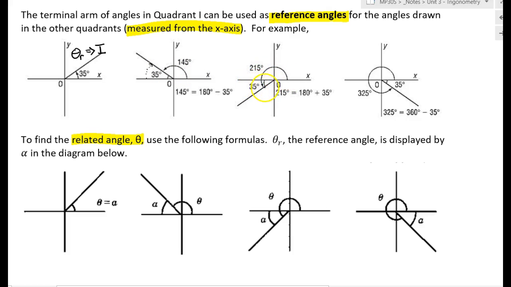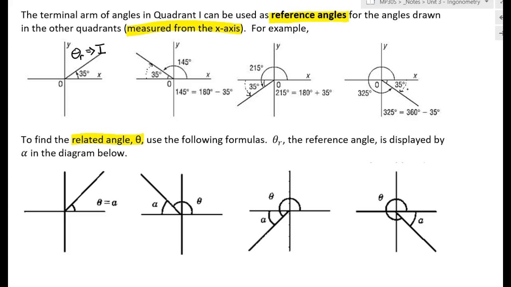215 is also going to be our regular angle, but our reference angle is measured from the x-axis. And finally, in quadrant 4, we see that still the same thing. 325 is our actual angle, but 35 degrees is our reference angle from the x-axis.